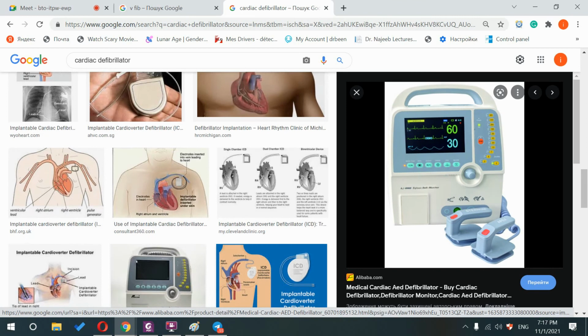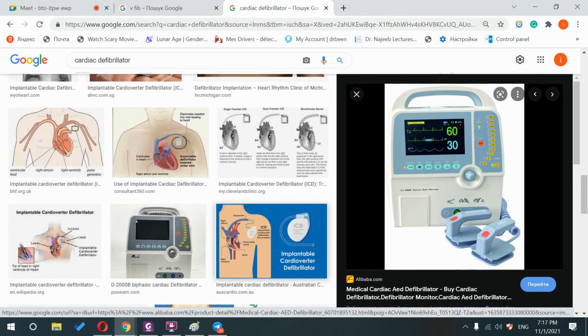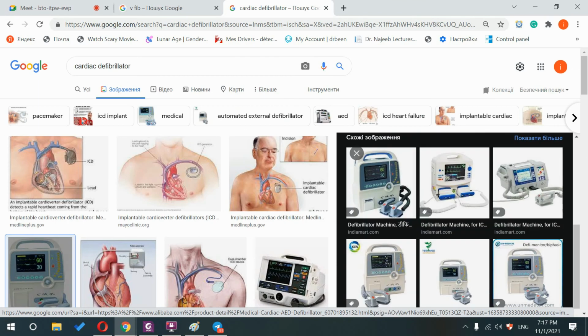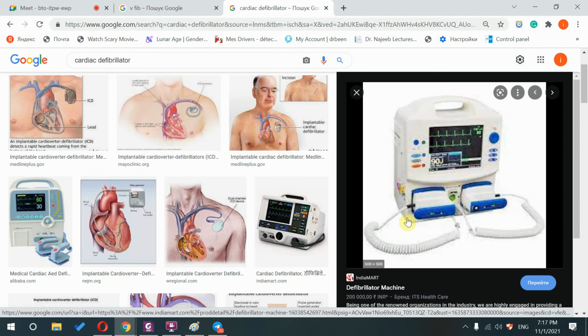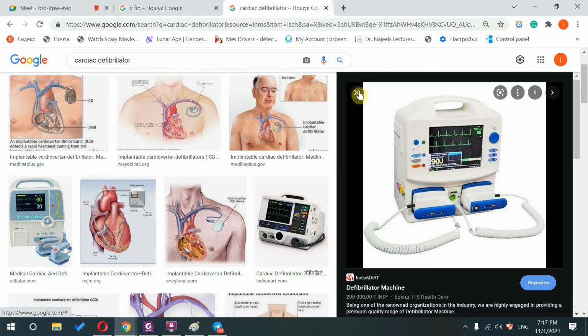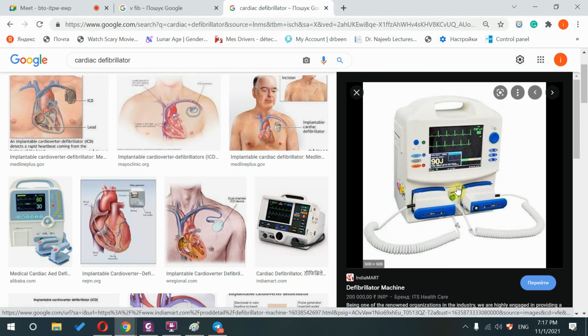It's wrong. It's not related to electricity. Actually, on the paddles, you put jelly to improve the conductiveness. Imagine you are defibrillating a patient who's really hairy. It will be impossible to reach the skin.